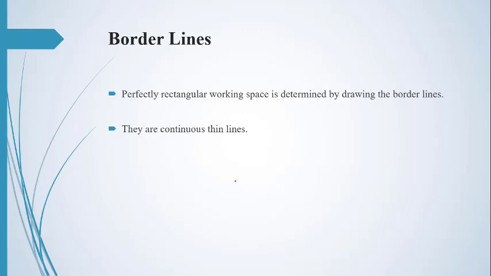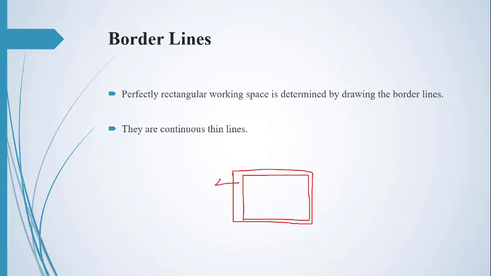Border lines: a perfectly rectangular working space is determined by drawing the border lines. They are continuous thin lines. For example, if we have a sheet like this and want to construct any drawing, before the drawing construction we must draw the lines which are known as border lines.